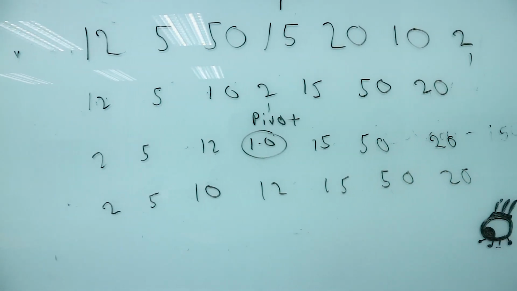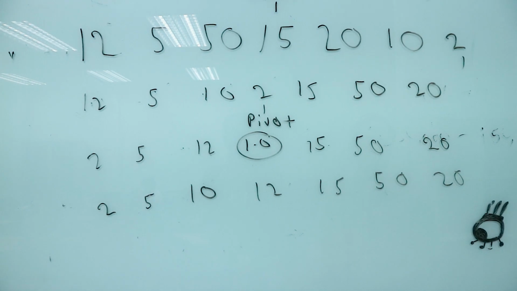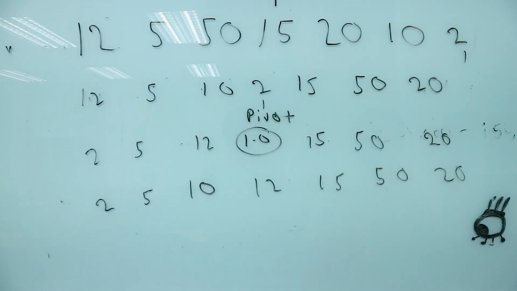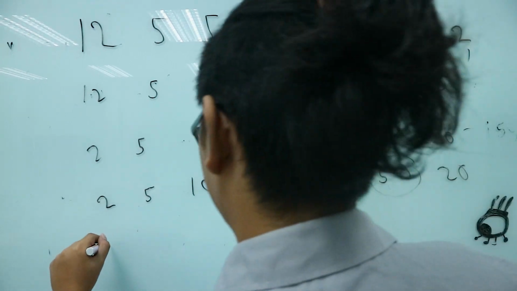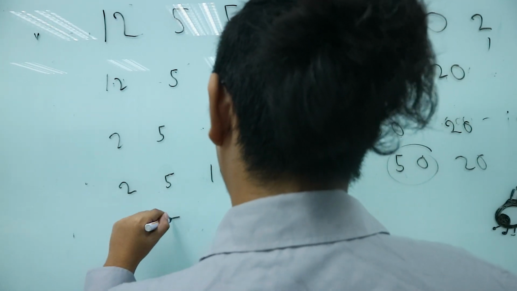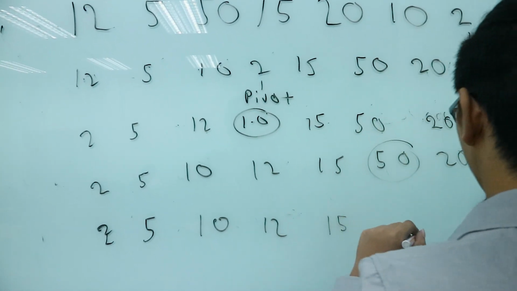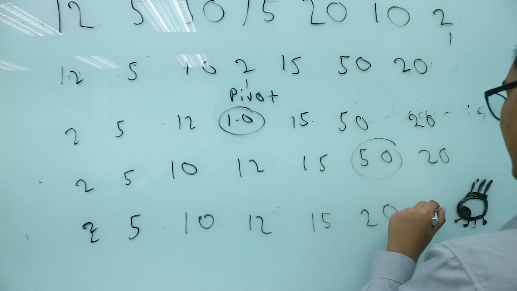Then let's choose another pivot. Now, what would be a good pivot? Why don't we try 50? Then let's write the next iteration: 2, 5, 10, 12, 15, then 20, then 50.